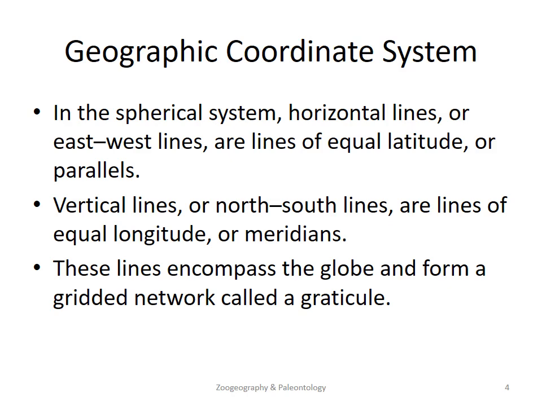There are two basic planes, the horizontal plane and the vertical plane. Horizontal lines run from east to west. These are also known as lines of latitude. These lines run parallel to each other and are always equidistant from each other.